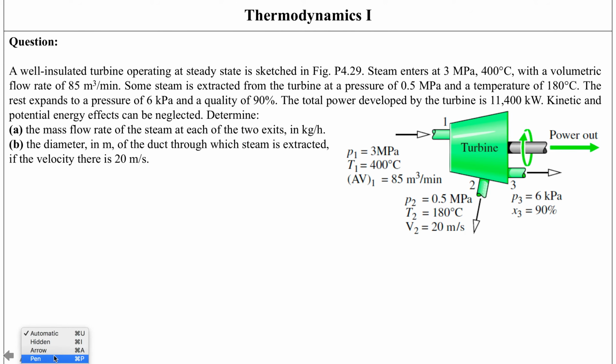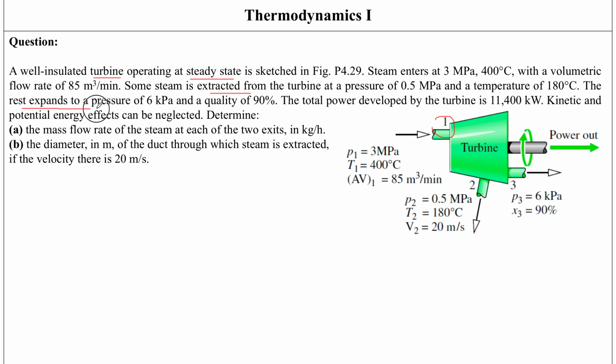Okay, so you've got a turbine. Again, start off with what you know. You've got a turbine that's operating at a steady state. This is the figure for it. You've got conditions given at the inlet, and you've got steam that is being extracted from the turbine, and the rest is being allowed to expand separately.